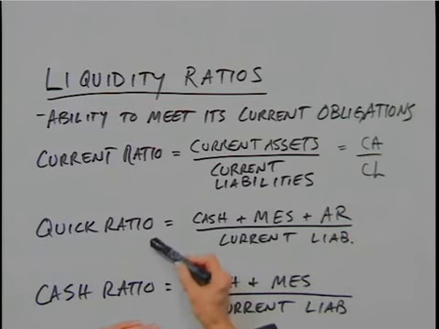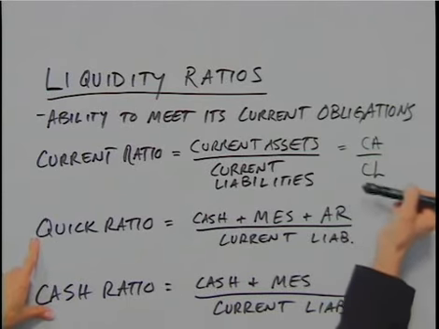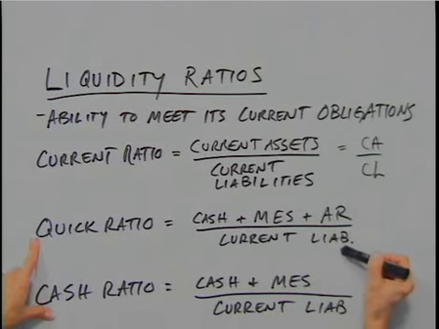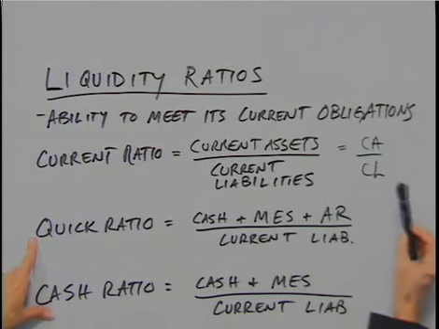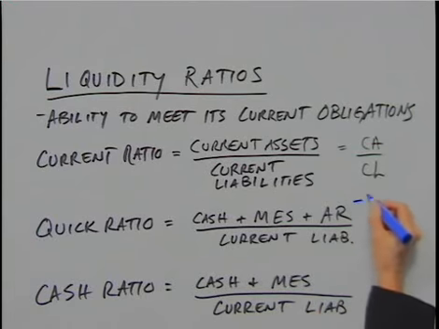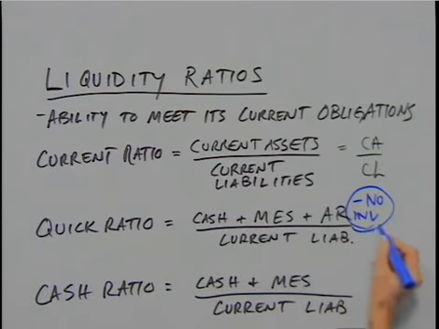Then we move down to the quick ratio. Now, what this does is it excludes some things from the numerator. The denominator, as you can see, is the same. It's still current liabilities. But most notably, we have no inventory included in the numerator. The idea here is that inventory may not actually be that liquid.